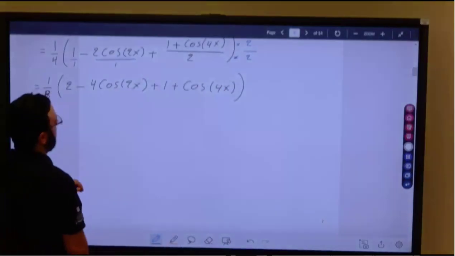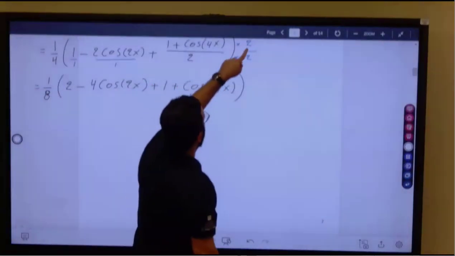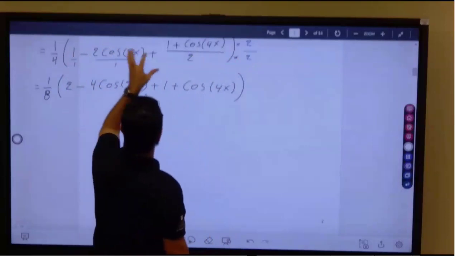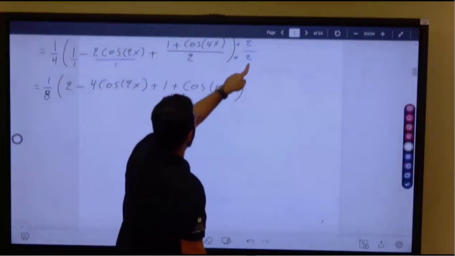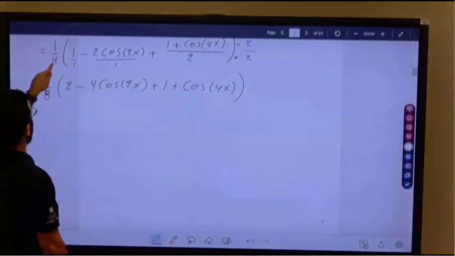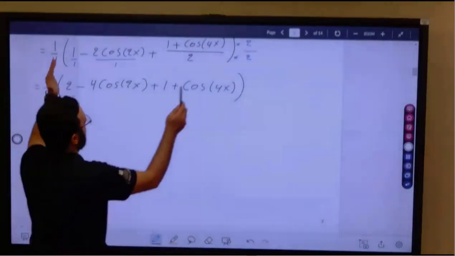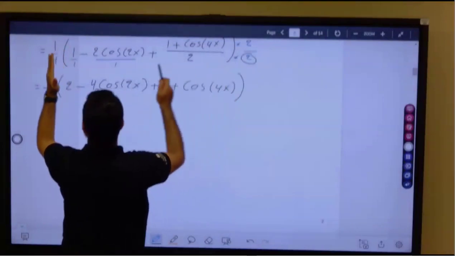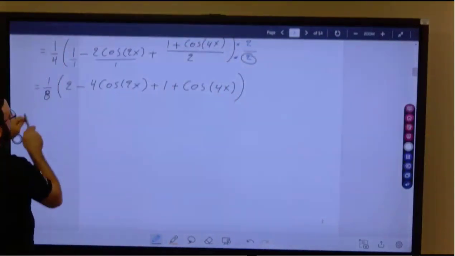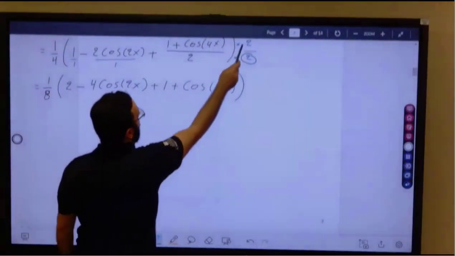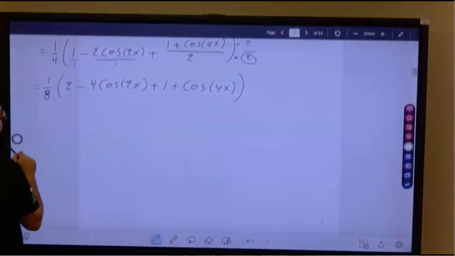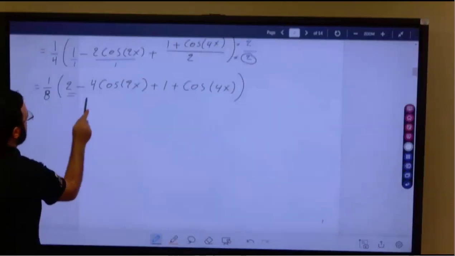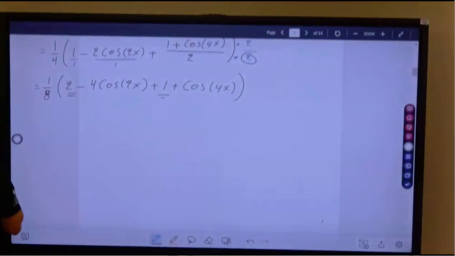Let's check this again. I'm multiplying the top part because it's a fraction. Multiply 2 by the whole part here at the top. And 2 multiplied by 4 is going to be 8. Then distribute the other 2 by the whole thing. Now, next step, we're just going to combine the like terms, which are 2 and 1.